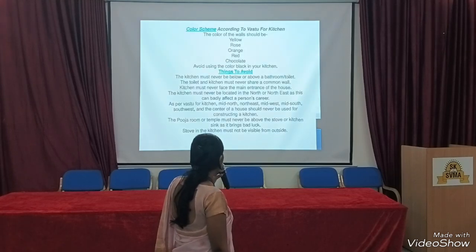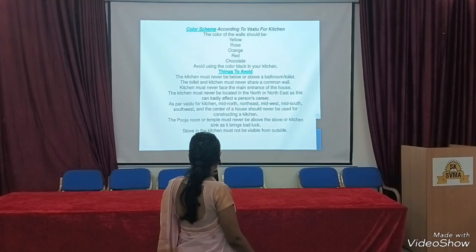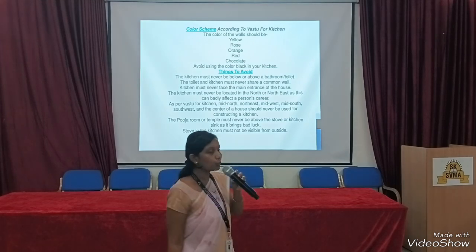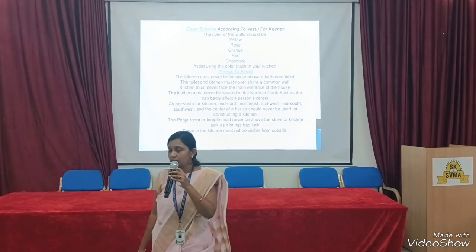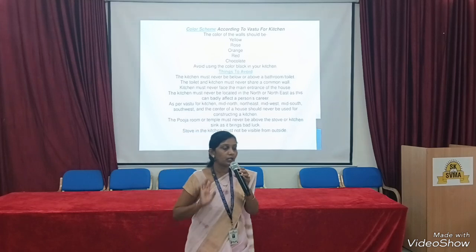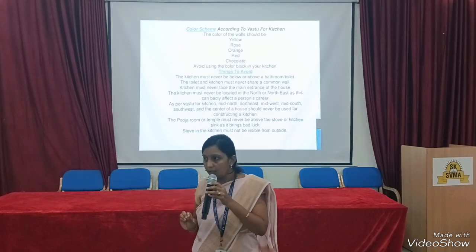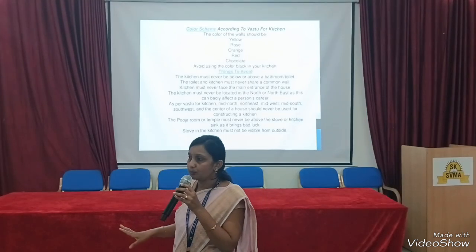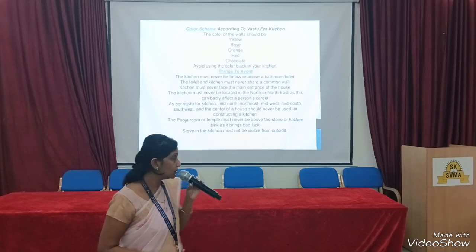And kitchen, I already told that. Some of the things to avoid are very, very important. Whether you are following Vastu or not, some of the things you should not do. So what are the things you should avoid?